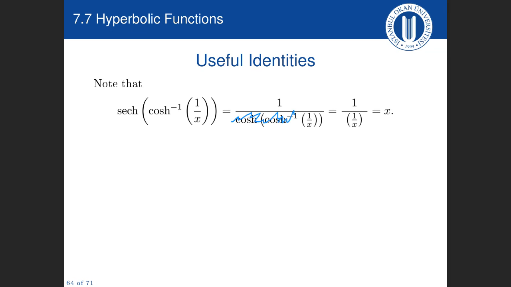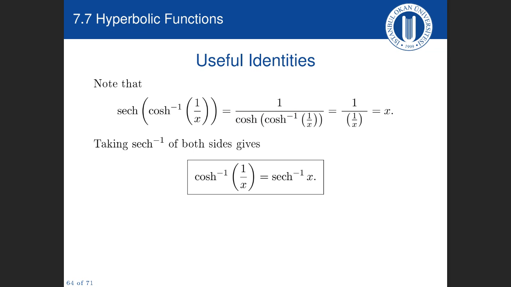We just get 1 divided by 1 over x, or x. If we then take inverse sech of both sides, then we get inverse cosh of 1 over x is inverse sech of x.